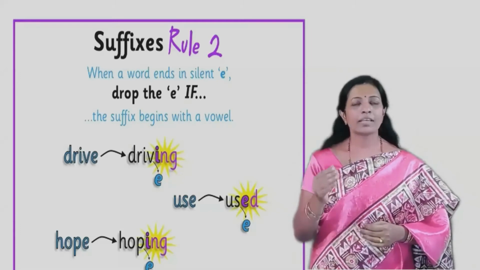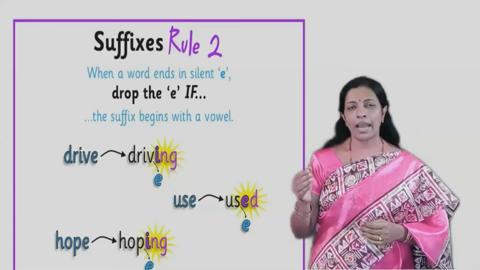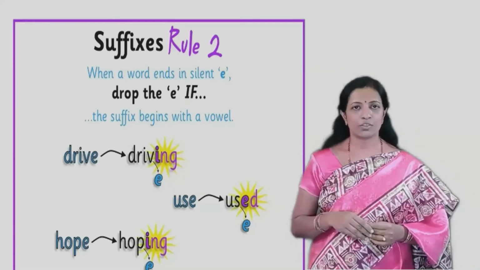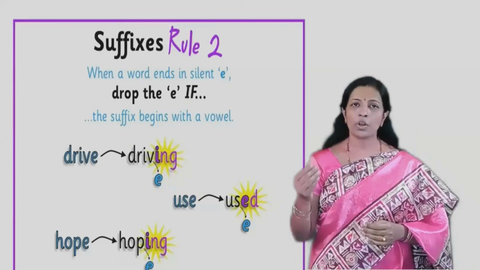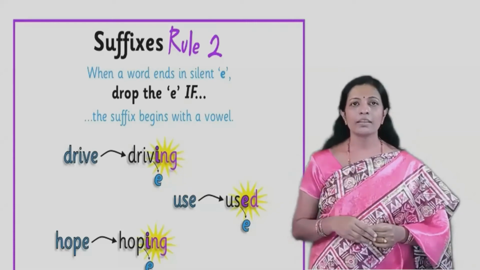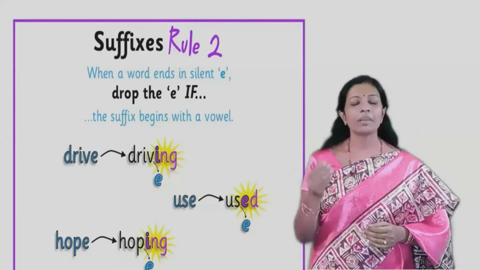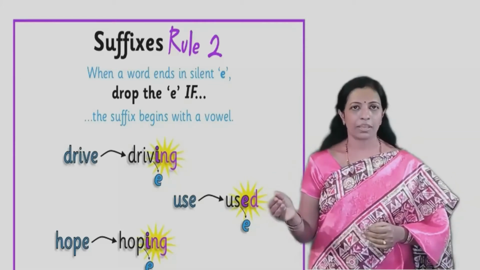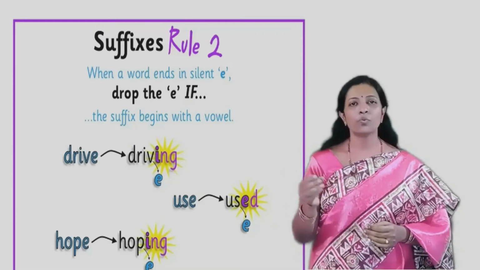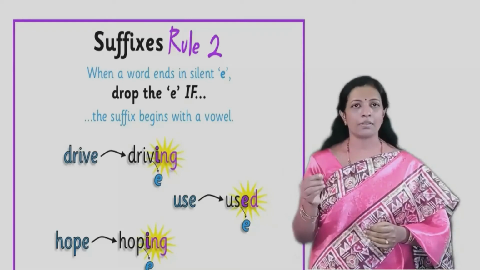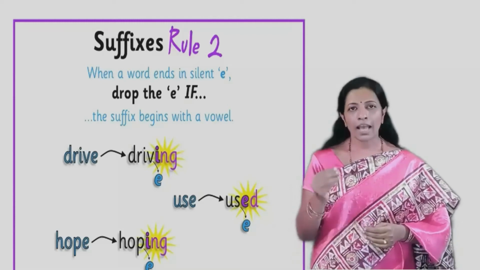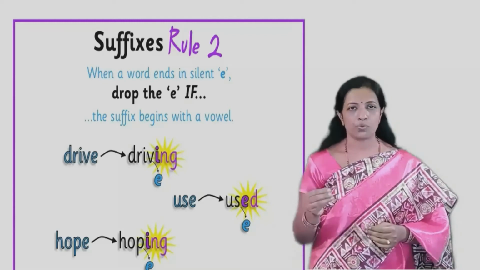So when such a word is added to a suffix, then the new word which is formed should not consist of the letter E. For example, drive plus ing gives driving, and this new word is formed without the letter E. Another example is use.